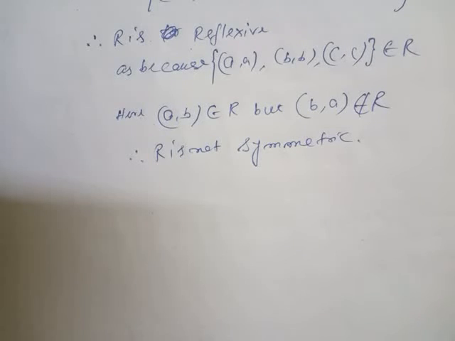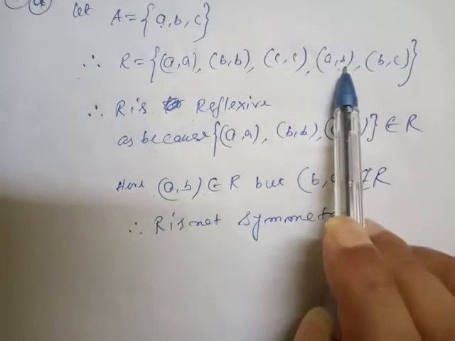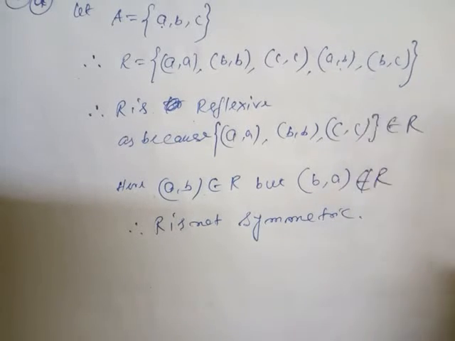Next, we have to check whether it is transitive or not. For the transitive, what is the condition? (a, b) belongs to R and (b, c) belongs to R, which means (a, c) also belongs to R. But student, look here, (a, b) belongs to R, (b, c) belongs to R, but there is no such element as (a, c) in R, which means R is not transitive also.